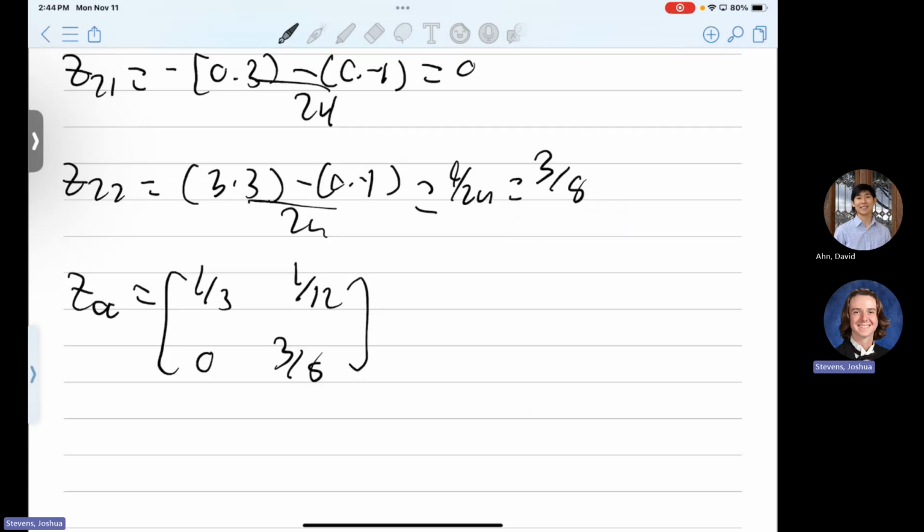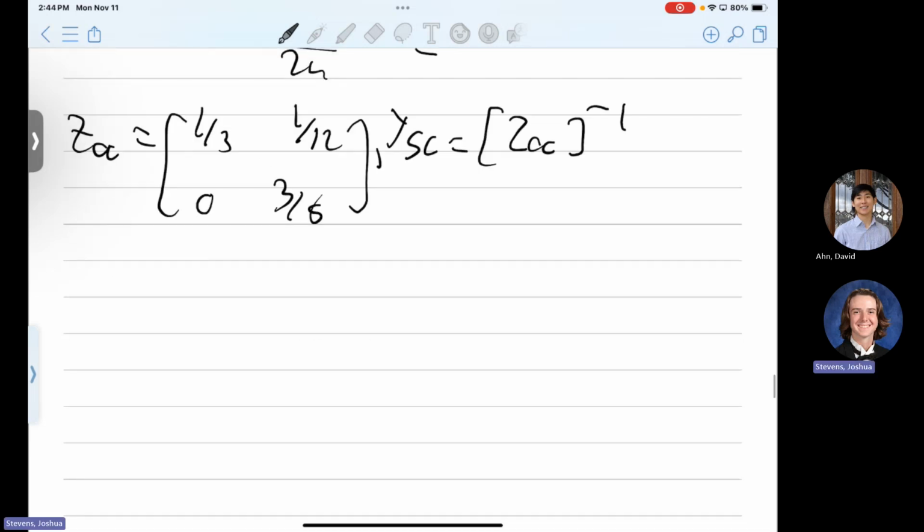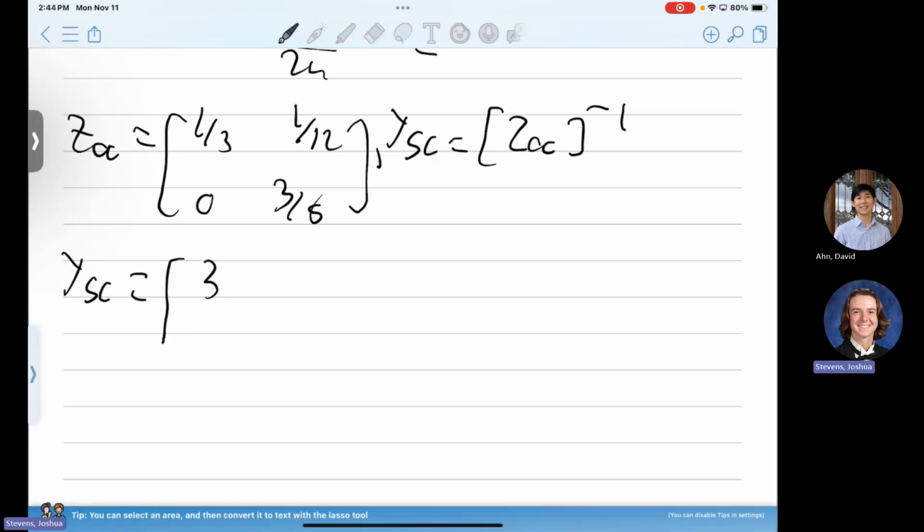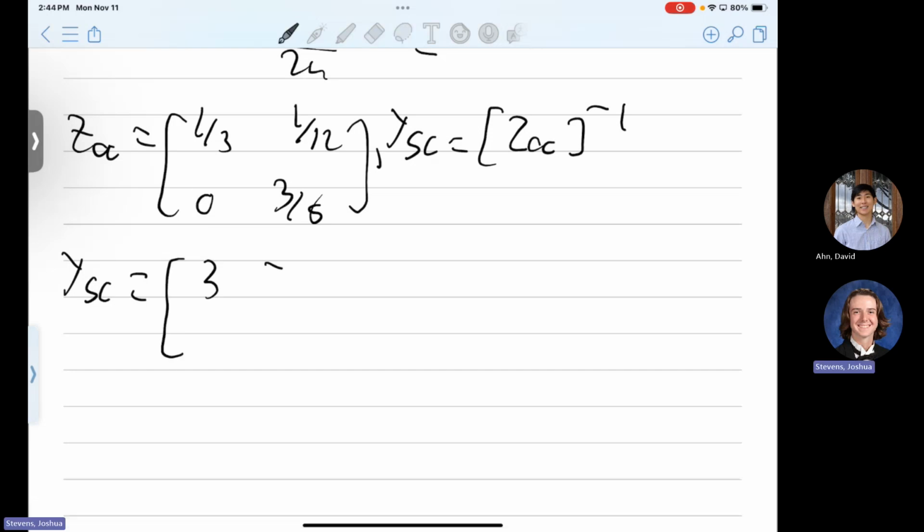So then Y short circuit equals Z open circuit matrix inverted. Do we agree? So then Y short circuit equals, when you plug that into a calculator, 3, negative 2/3, negative 2/3, 0, and then 8/3.